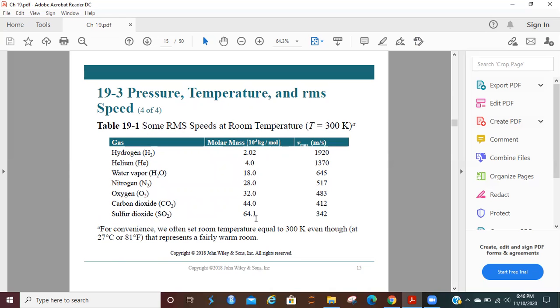We know what the molar mass of a lot of these compounds are, and then this is the root mean square velocity. The room temperature is going to be roughly 300 Kelvin, roughly 27 degrees Celsius or 81 degrees Fahrenheit, and that's pretty warm for a room, but it's convenient. So hey, what are you going to do?